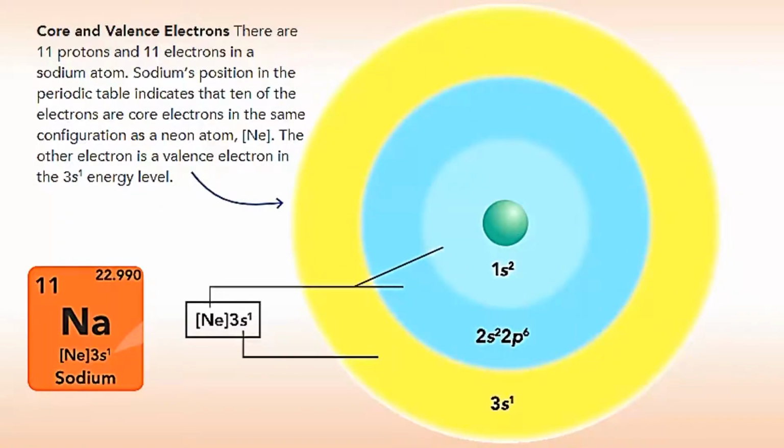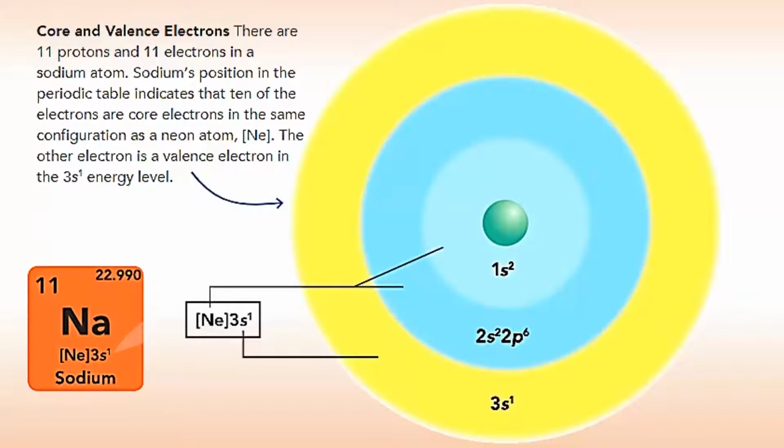The second energy level, shown in a darker blue, contains a total of 4 orbitals, 1 s orbital and 3 p orbitals, and they're completely filled, 2 plus 6 for a total of 8 electrons. So the core for sodium is those first 2 energy levels, 10 electrons, and as previously mentioned, that core is exactly the same thing as the electron configuration of the previous element, neon.